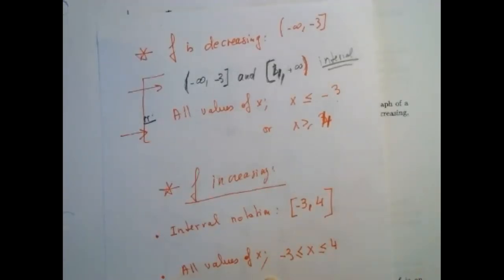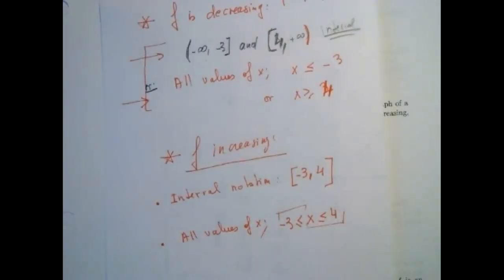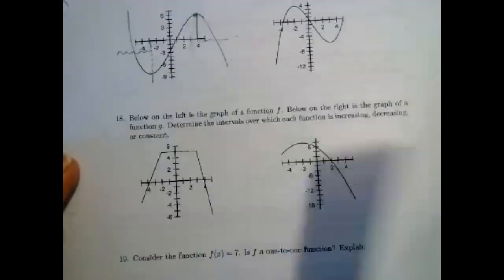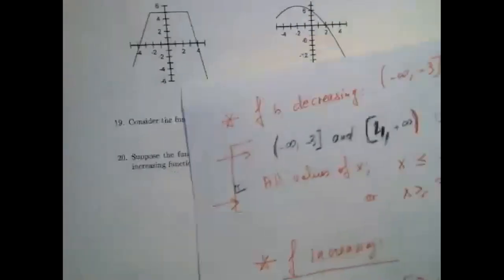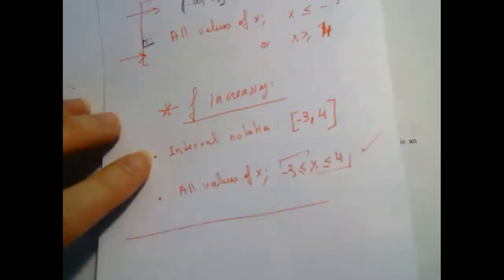Greater than -3, that's this piece, and less than 4, which is this piece of the inequality. So it's like a double inequality to express two things. Okay, now finally, I look at number 18. Could you go back to that one for 1 second? Absolutely.